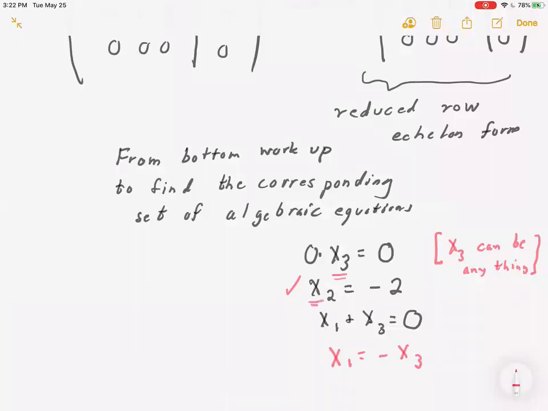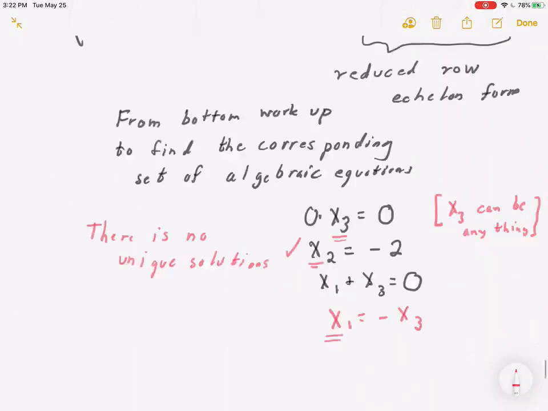X sub 1 is just minus x sub 3. So in fact, there is no unique solution to this problem. There's no value of x sub 1, x sub 2, and x sub 3 that you could cook up with that'll solve all three equations simultaneously.